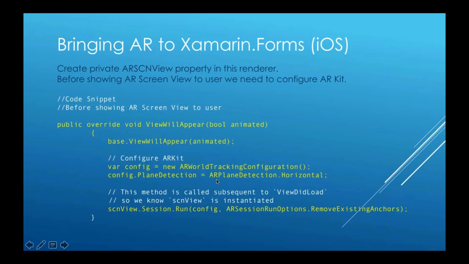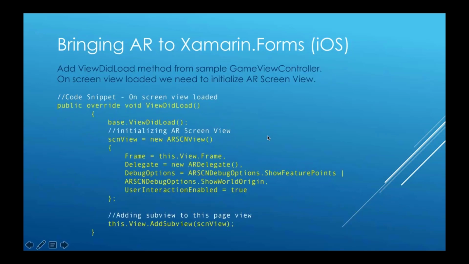We're setting up the plane detection property to be PlaneDetection.Horizontal, and we are setting up our session and running it with the configuration. Really, basically the same code as what we ran for Xamarin.iOS native. And we add the ViewDidLoad method from the sample GameViewController.